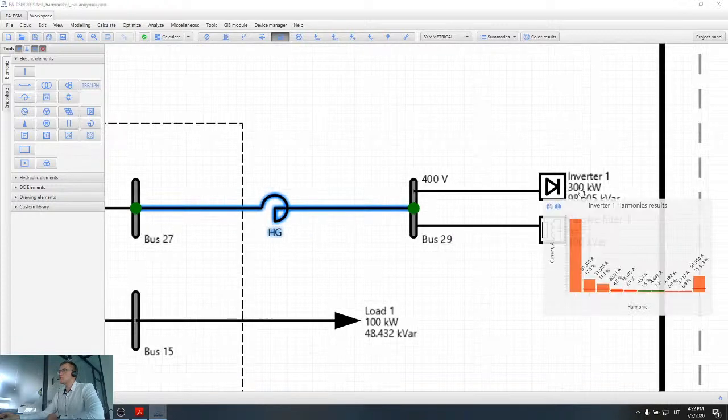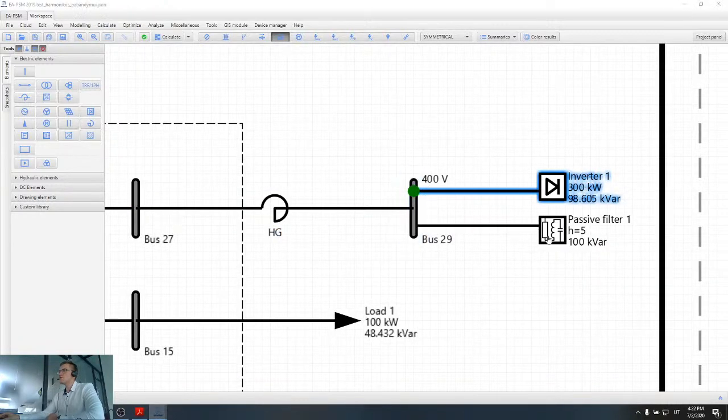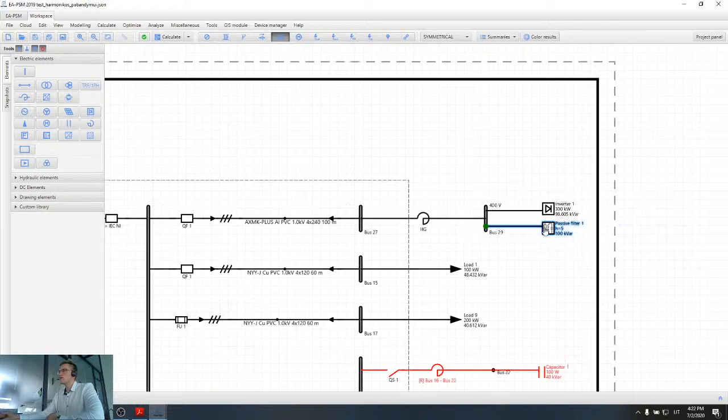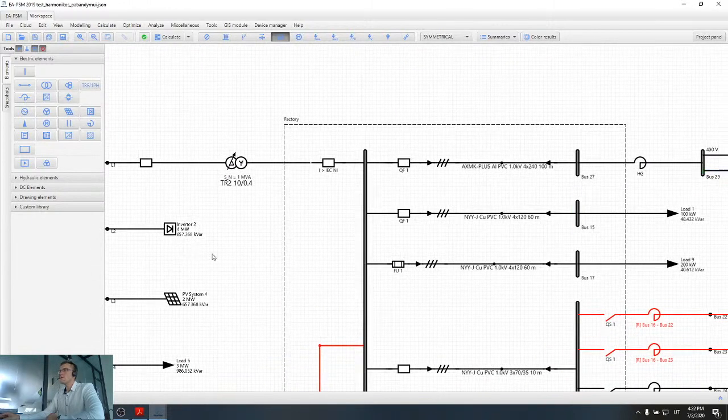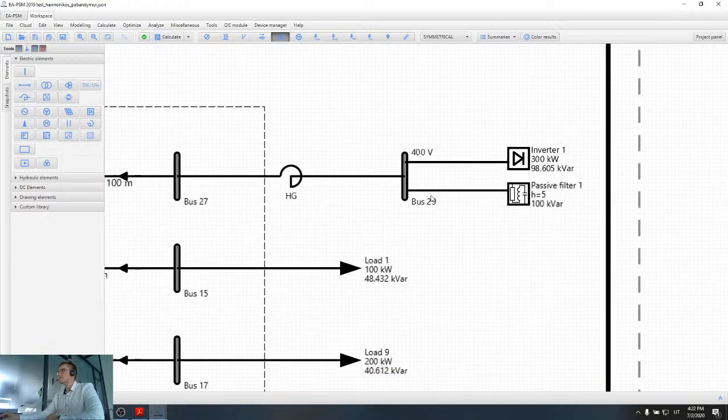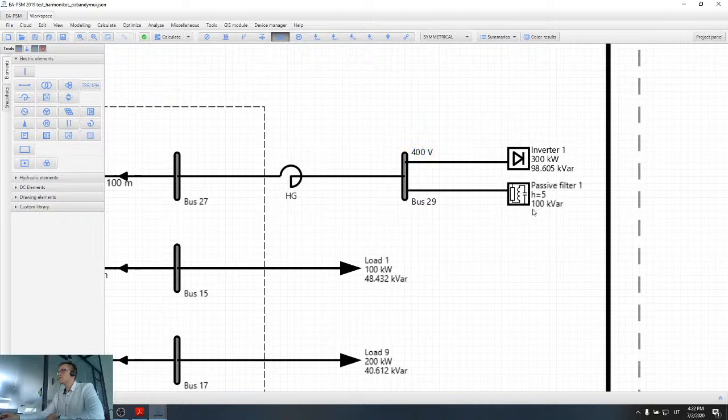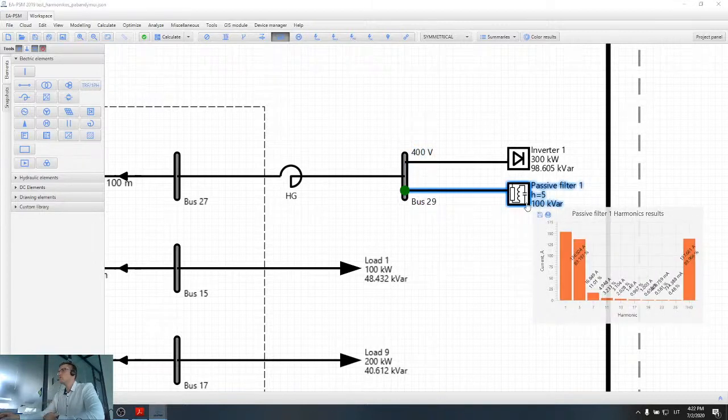Most of the harmonics from the inverter will go to this passive harmonic filter, and the good thing is that this harmonic gate won't allow harmonics to enter from the network inside this bus 29, and this will avoid tuned filter overloading.